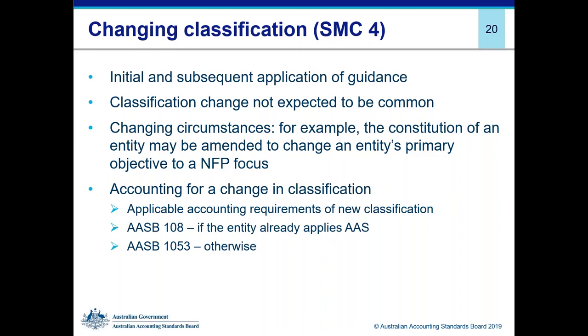And so AASB 108 has requirements for retrospective application if the newly applicable standards do not have transitional requirements otherwise in them. So AASB 108 is directly relevant if the entity is already applying Australian accounting standards.